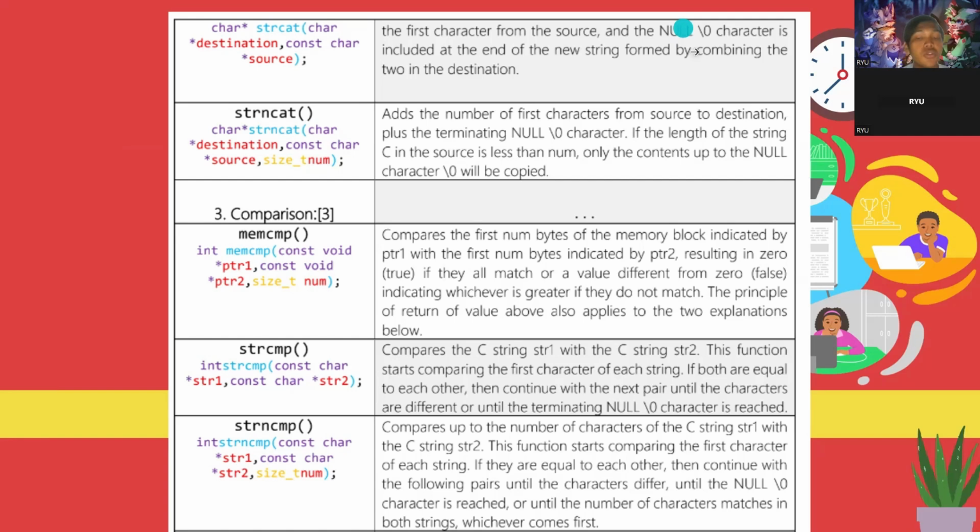If they are equal to each other, it continues with the next pair until the characters differ or until the terminating null character is reached. And then we have strncmp. This compares up to the number of characters of C string 1 with C string 2. This function starts comparing the first character of each string. If they are equal, it continues with the following pairs until the characters differ, until the null character is reached, or until the number of characters is reached.